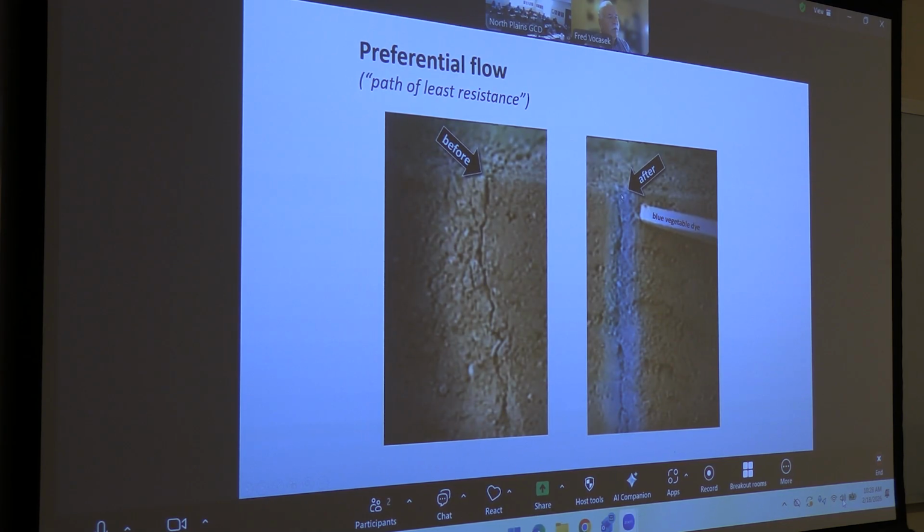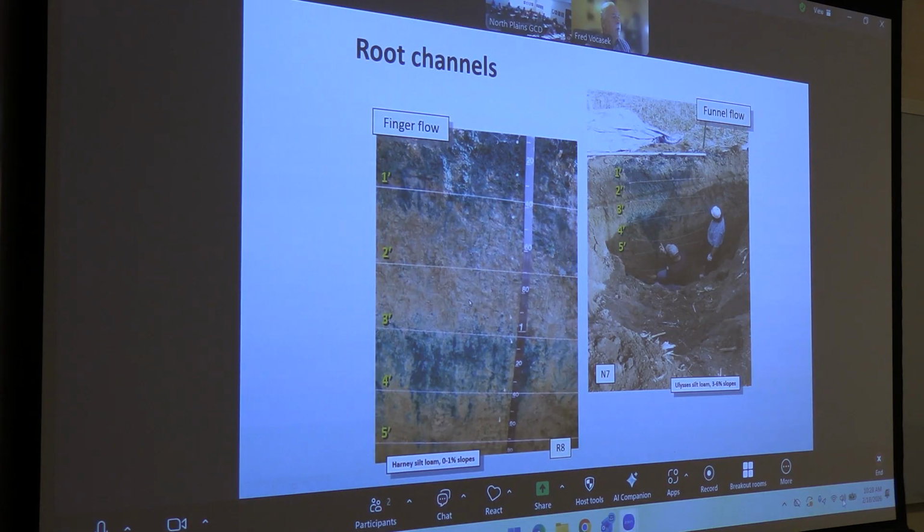And what they've done is they've added water with blue vegetable dye, and you're seeing that water move down, and then it moved laterally. And so we can move water a bit faster through the soil. We tend to think of water moving fairly uniformly from top to bottom, but it doesn't. It moves in an erratic fashion depending on how we manage it.